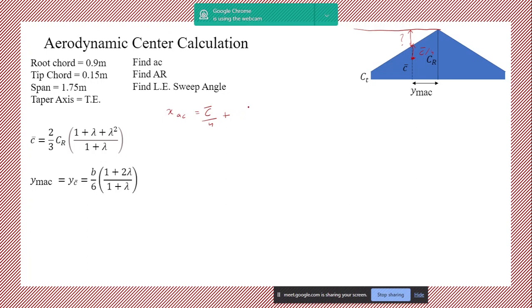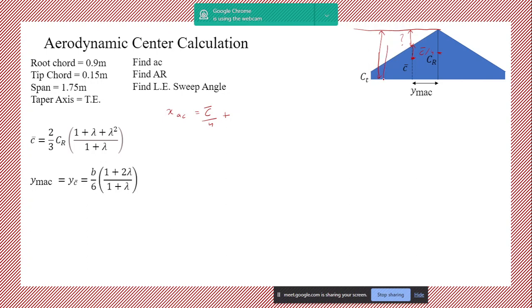Yes. Will it be CR by 2? CR by 2 will be somewhere here, right? This is simple. It's simpler than the previous case. So this entire length is CR, right?